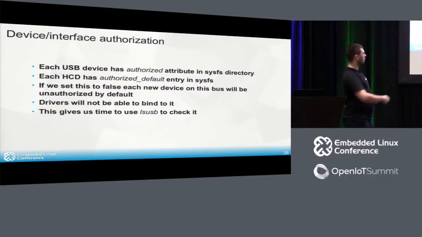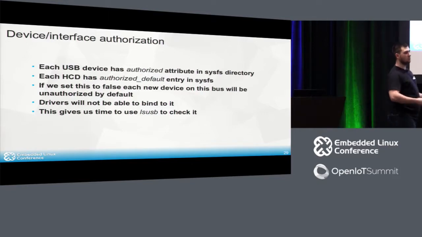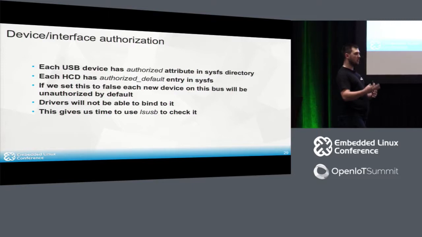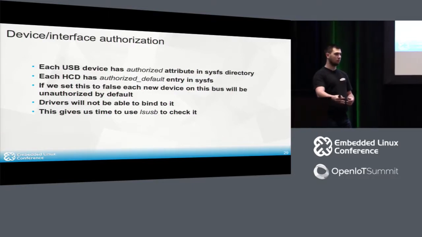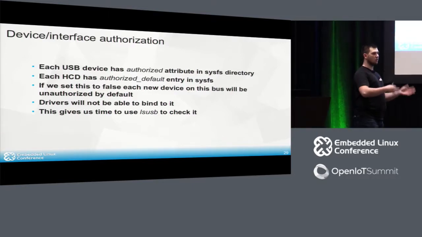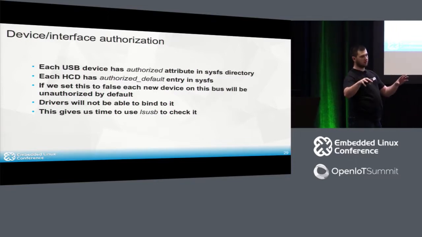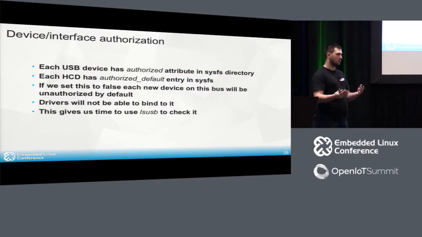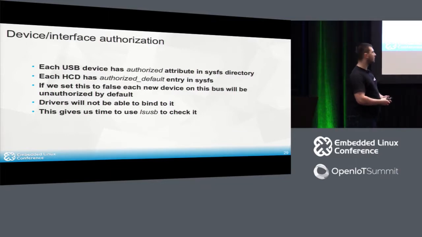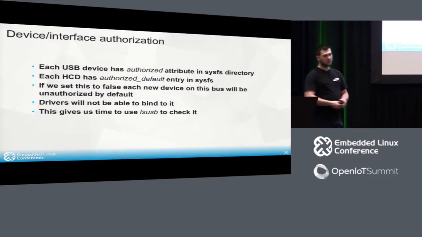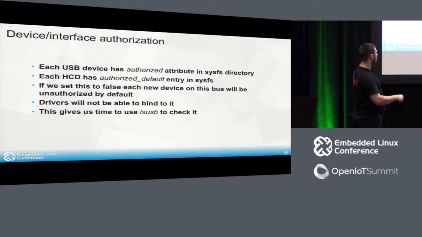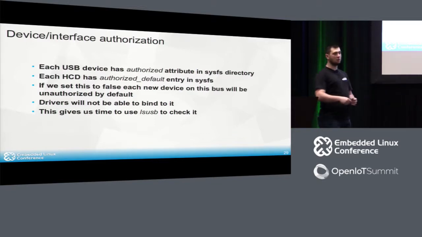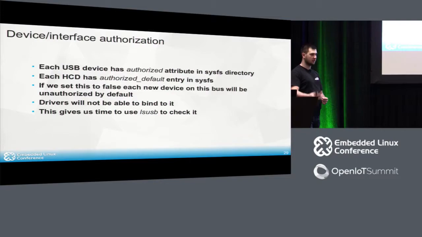If the authorized attribute is set to false, then drivers for the USB interfaces are not being chosen. So it means that this device is unusable. There may be no communication between host and that device other than communication to endpoint 0 to detect the capabilities of the device. What does it give us? Well, it gives us time. And the time is really valuable here because it gives us time to check what we have really connected to our computer.